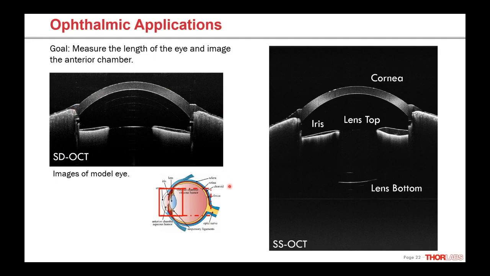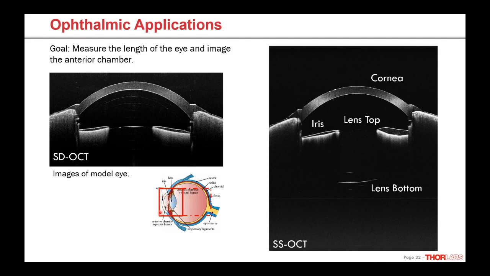So why would you be interested in imaging all the way down to the retina? Well, just imagine there's a cataract surgery, for example, and the lens is cloudy and you want to take out the cloudy lens and put in an intraocular lens.